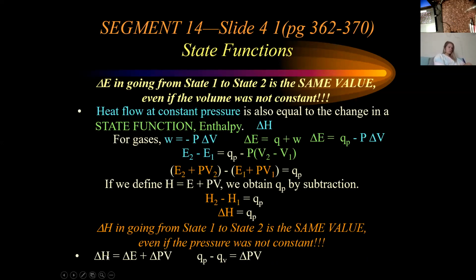Now, if I look at the relationship between delta E and delta H, remember H is E plus PV. So a change in H is the change in E plus the change in the PV product.